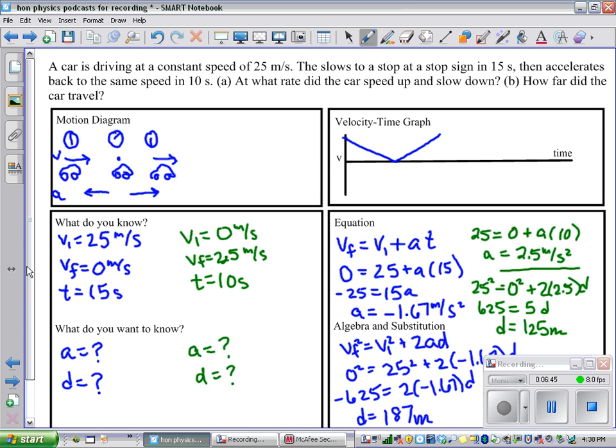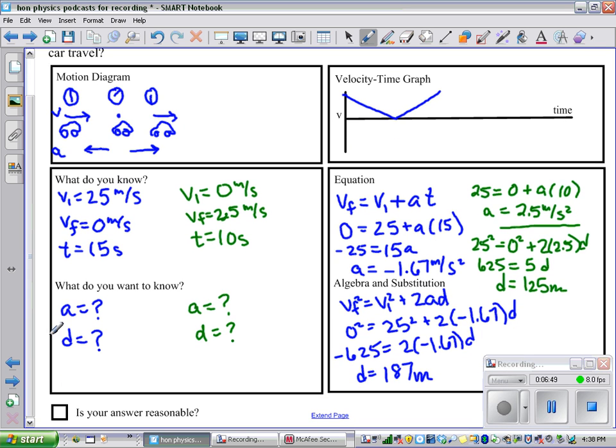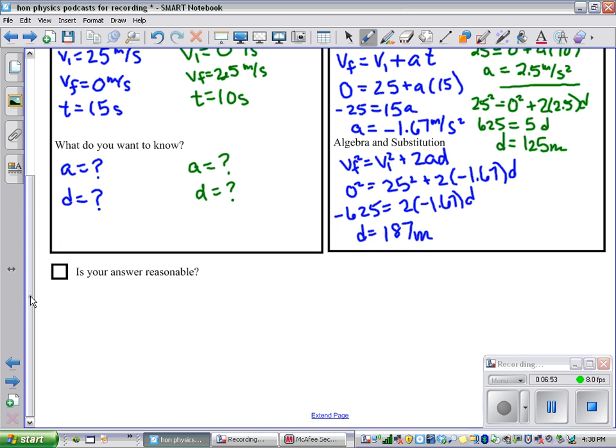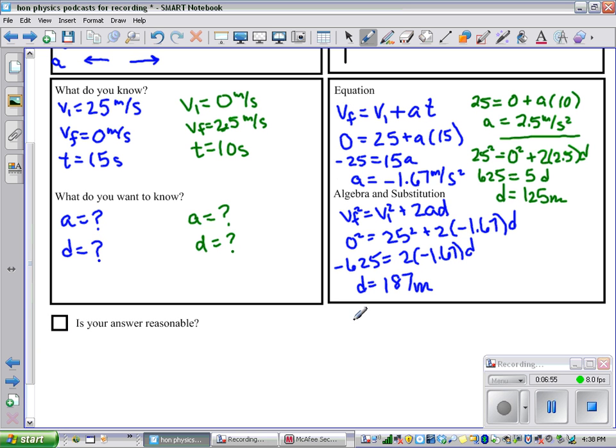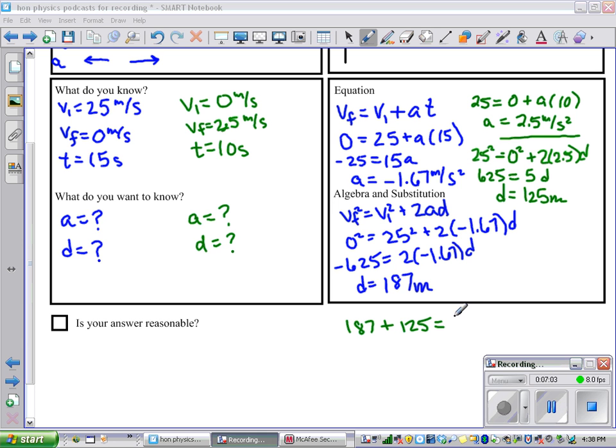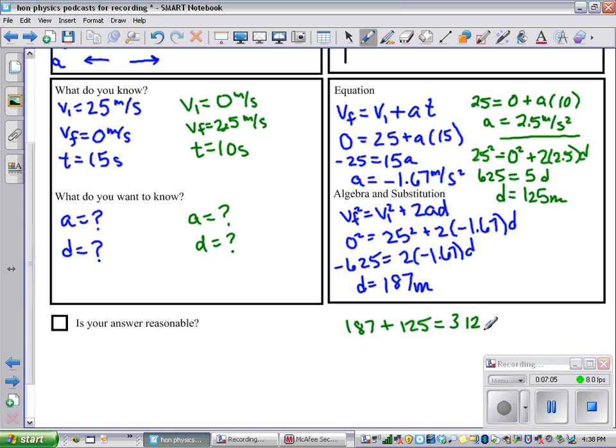Let's look back at the question. And it says, how far did the car travel? So the final answer for how far the car traveled would be 187 plus 125, which is 312 meters.